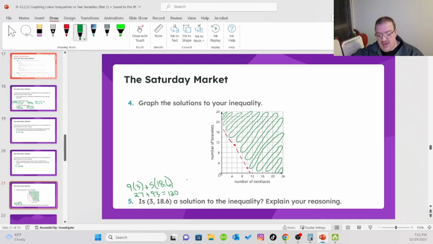So while mathematically it would be an answer, it's not a solution because you can't sell partial bracelets. So you can't just stick to the mathematics. You also have to think about the context those mathematics represent.